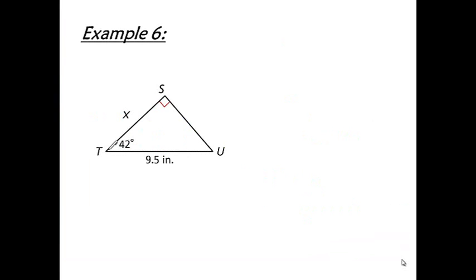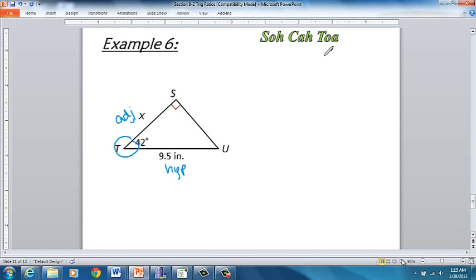On example 6, I'm trying to find side ST, and I'm given angle T, which is 42 degrees, and the hypotenuse, 9.5. Don't forget, you need to remember SOHCAHTOA to determine which trig function you're going to use. In this case, I'll go look and see which one of these uses hypotenuse and adjacent, and that will be the cosine.